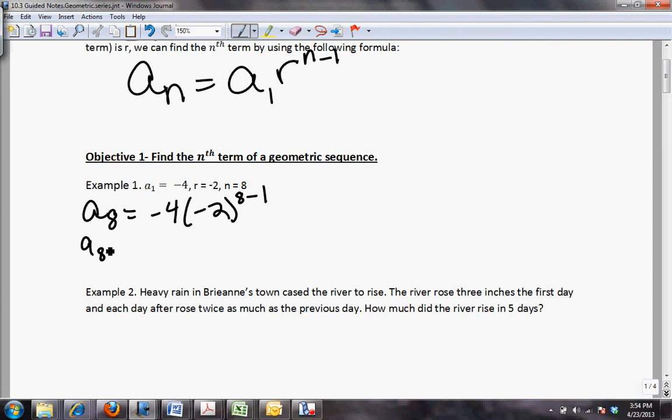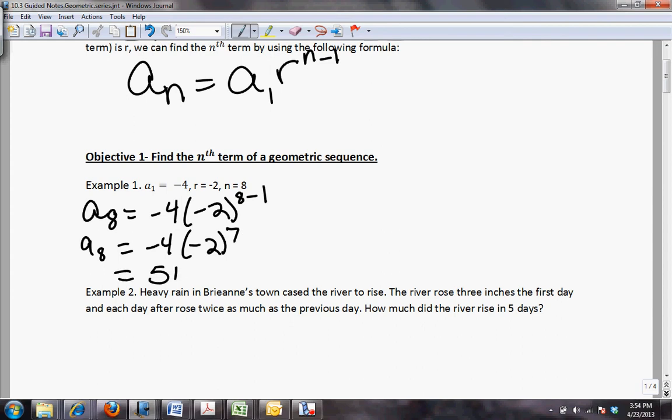Simplified, a sub 8 equals negative 4 times negative 2 to the 7th. In your calculator, make sure you put parentheses around the negative 2 since you're raising it to a power.